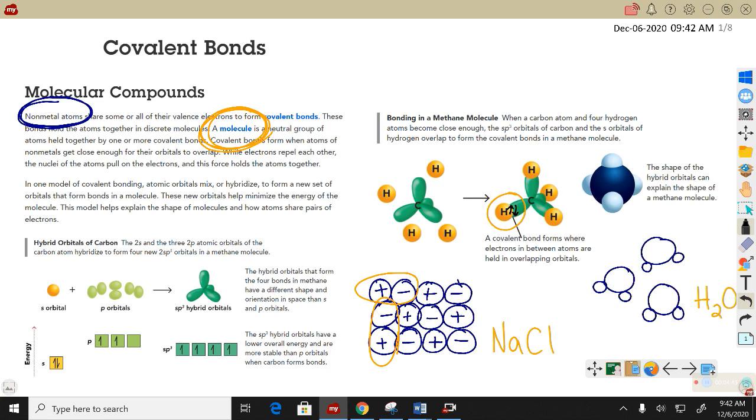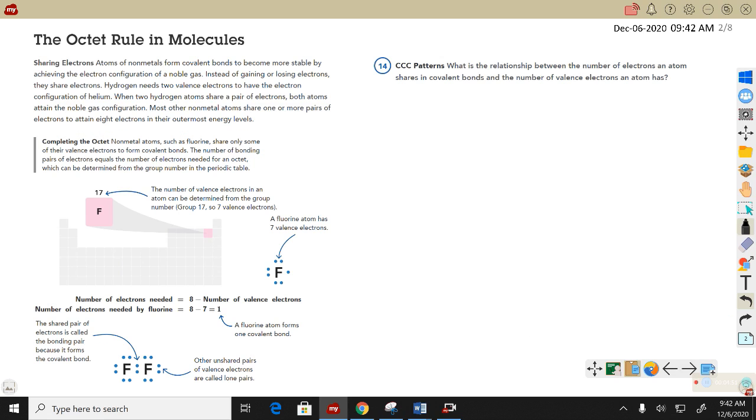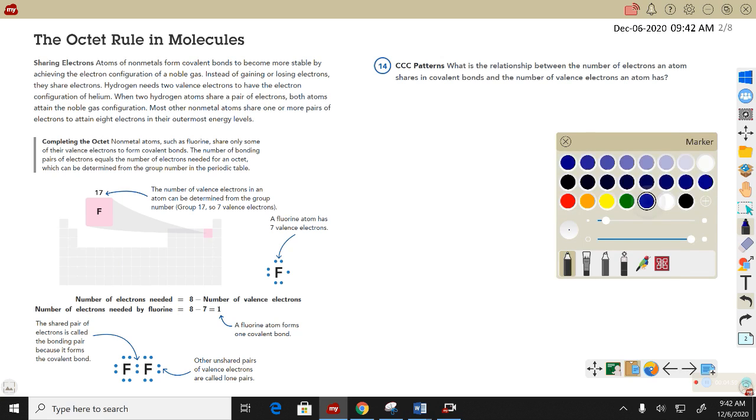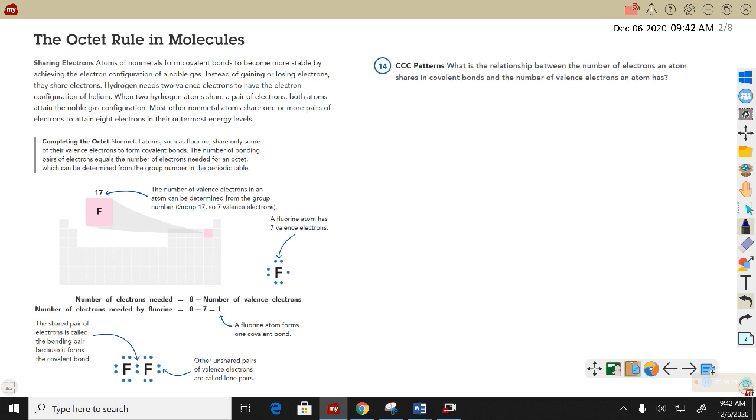And so you can kind of do the same thing with these little bubbly orbitals, that they just have to overlap. And in the region of overlap, we can share electrons, which is what they kind of mention here. We're still obsessed with the octet rule. We're still trying to get full, stable outer shells. That's the whole purpose of any kind of bonding. But now we're just going to do it in a little different way. We're going to share electrons instead of transfer.